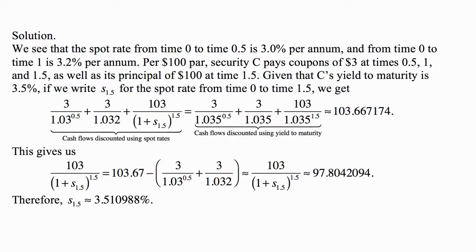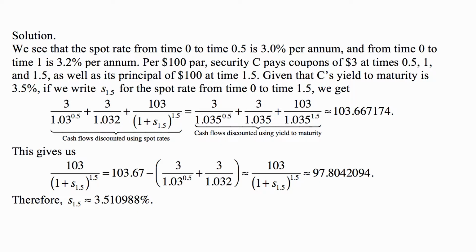Now the right-hand side are the same cash flows, but discounted at the yield to maturity, and it's given for this bond. So based on this, we calculate its price, which is 103.667174, approximately 103.67.